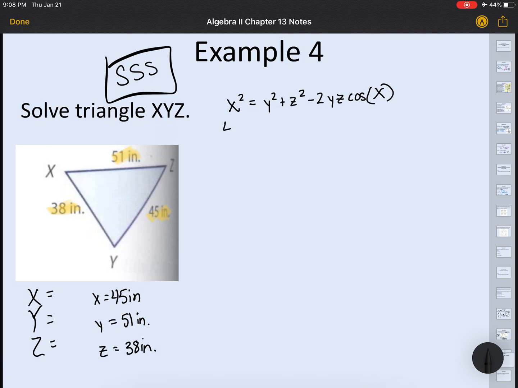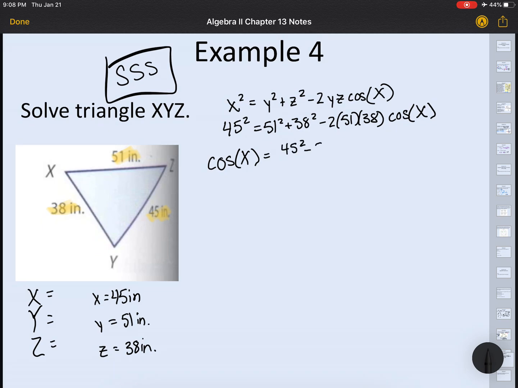But we do know little x is 45 squared, and little y is 51 squared, and little z is 38 squared, minus 2 times 51 times 38 times our cosine of x that we don't know yet. So again, we're going to solve for angle x. So that's 45 squared minus 51 squared minus 38 squared all over negative 2 times 51 times 38. So again, let's put that in the calculator.